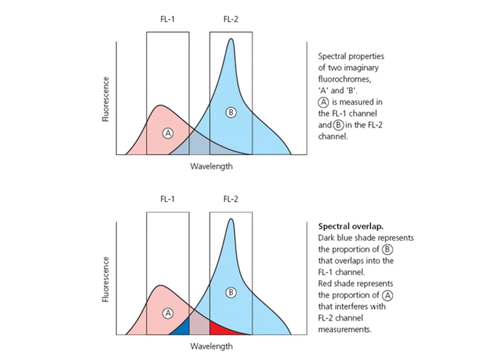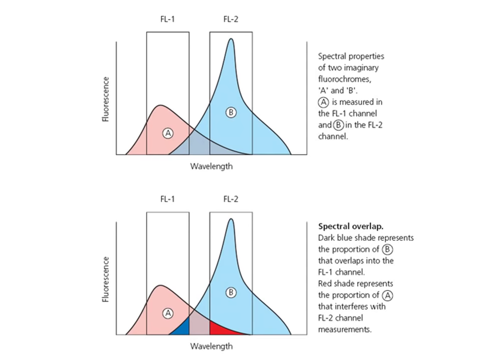And likewise, the detector for fluorochrome B will add this signal from fluorochrome A on top of the signal for fluorochrome B, again giving a false high result.